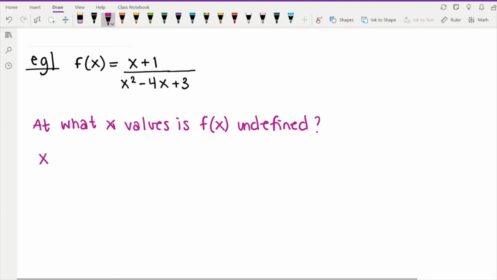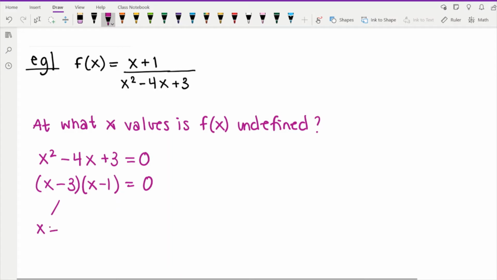So we can take x squared minus 4x plus 3 and set it equal to 0 and then factor. This would factor as x minus 3 and x minus 1. And so this would tell us x is equal to 3 and x is equal to 1. Those are the two places where the function is undefined because the denominator is 0.